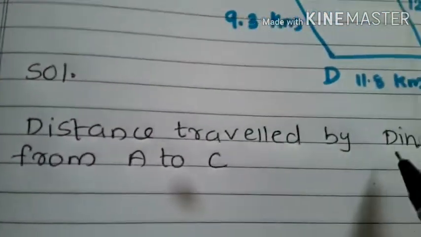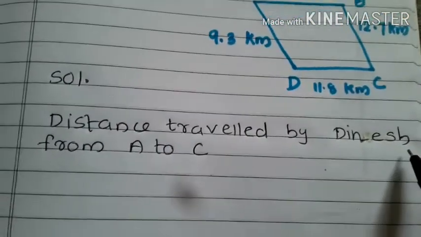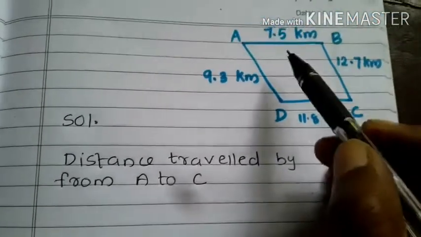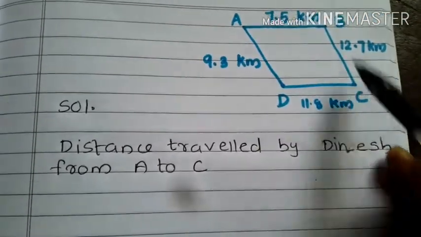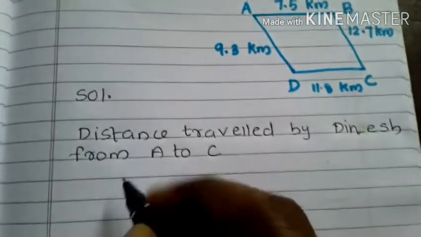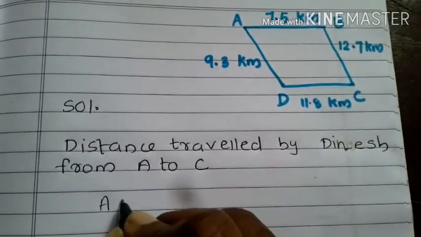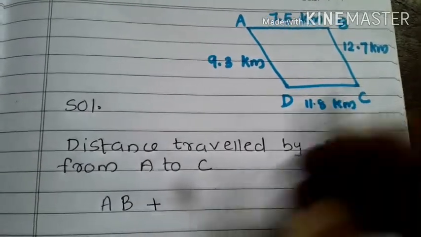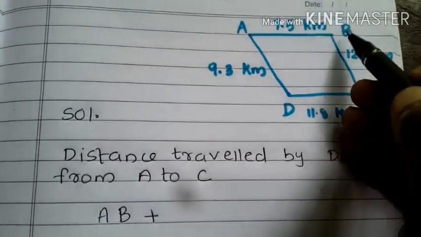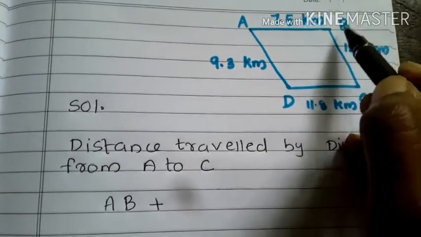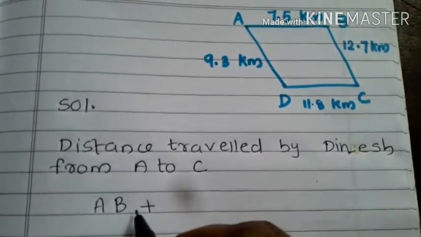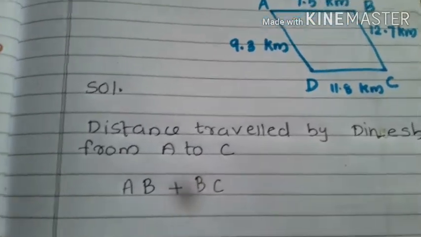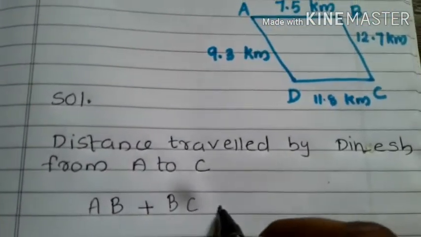Distance travelled by Dinesh from A to C. So A to C is AB plus BC. Dinesh travelled first A to B, then B to C. So we write A to B plus B to C. So we add those numbers.